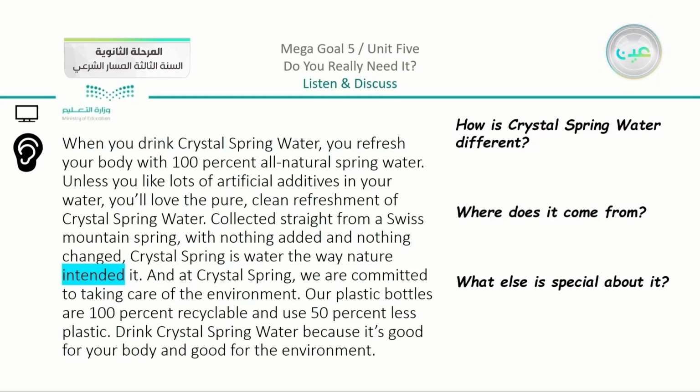So the first question was, how is crystal spring water different? Now also there is a kind of comparison here. We're comparing, and we do know that this water is different. So you can see the answer here. Now 100% all natural spring water with nothing added and nothing changed. Here we can say that it is all natural with no additives. In the second question, where does it come from?